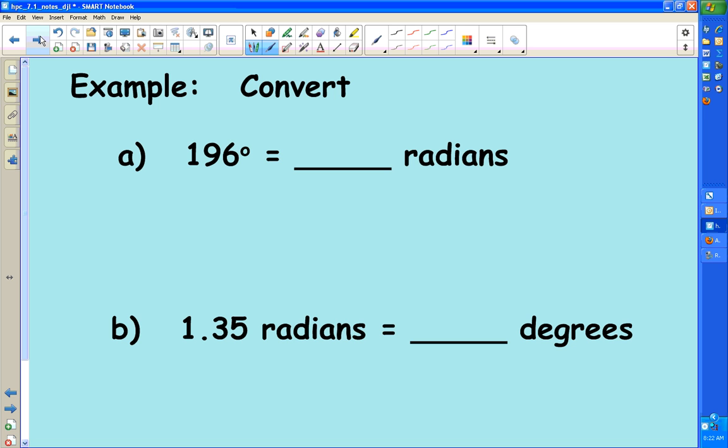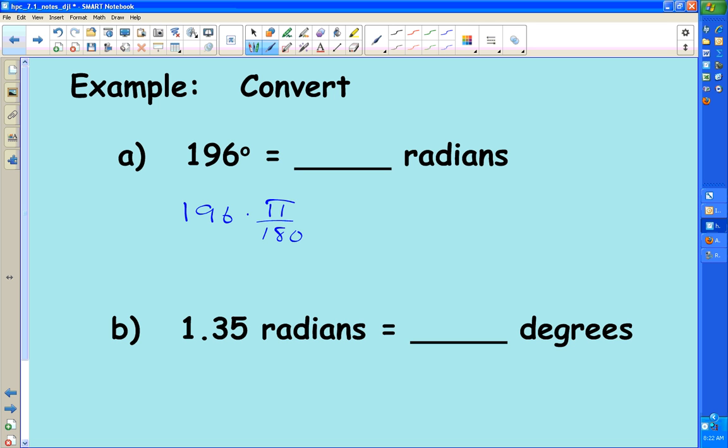So here's 196 degrees and 1.35 radians. How do I convert 196 degrees into radians? What do you multiply by? Pi over 180. Okay? So 196 times pi divided by 180. I do not want a decimal for this.